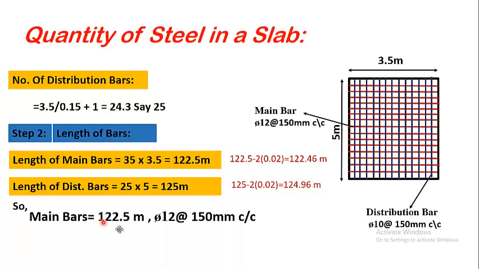So a total length of 122.5 meters of main bar of 12 mm dia will be required for this slab, and 125 meters of 10 mm dia bar will be required as distribution bar for this slab.